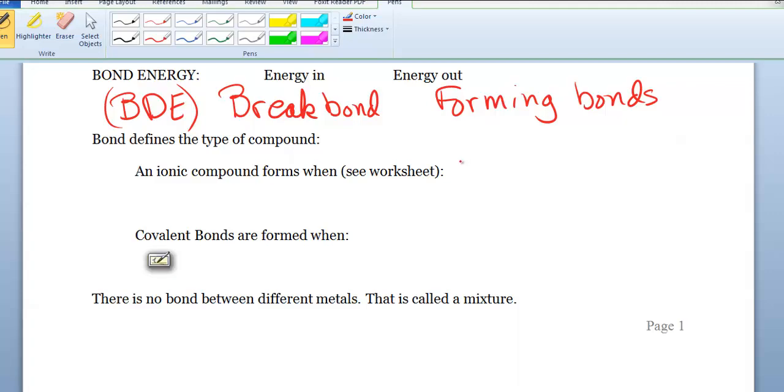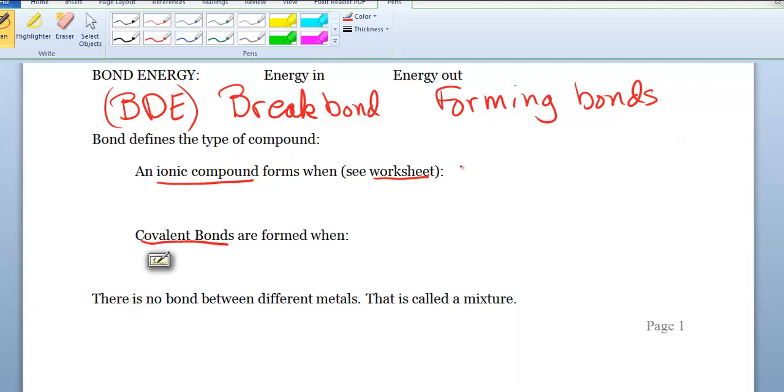We've talked about ionic compounds before, and we'll do some practice once we get in class. I have a worksheet for you, and there are things called ionic bonds and covalent bonds. We're going to talk about the difference between these two, and this is just a very quick look at it.